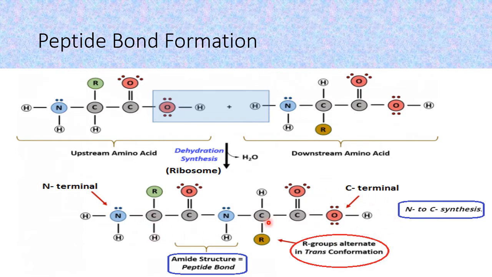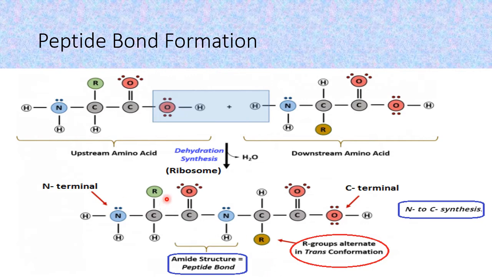Now, one thing that is obvious here is that the side chains of these amino acids that are forming this polypeptide sequence are in trans positions, because in the entire molecule of amino acid, these R groups are the bulky part, they occupy more space.